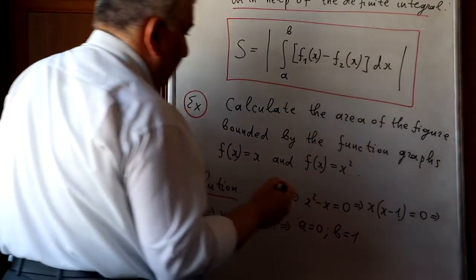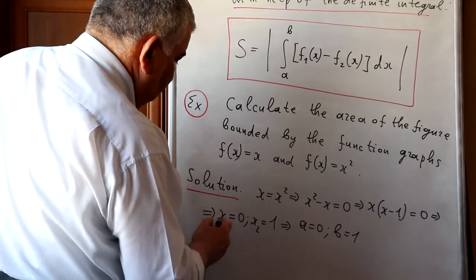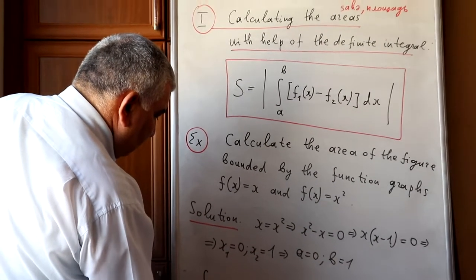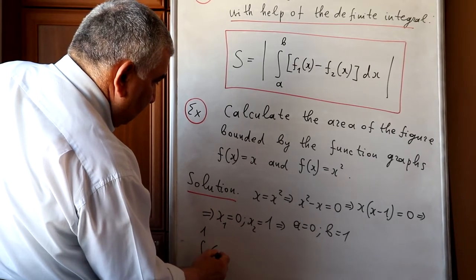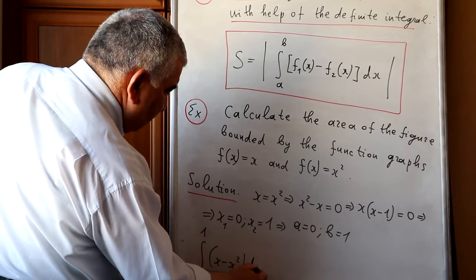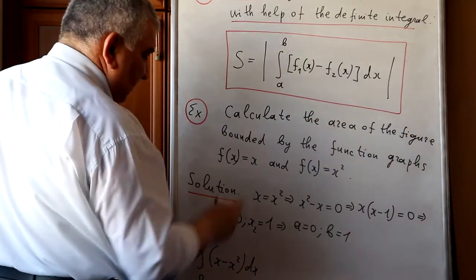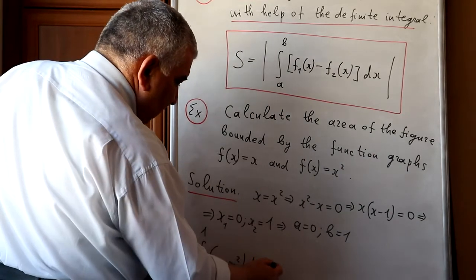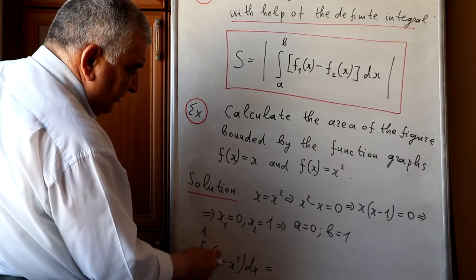Then calculate the corresponding integral from 0 to 1 of x minus x squared. Here in the integrand we must write the difference of the given functions, x minus x squared. Then find the antiderivative of the integrand.